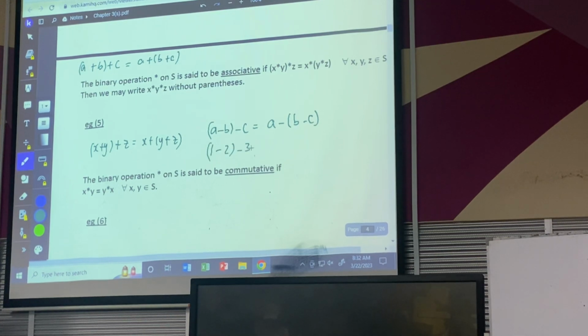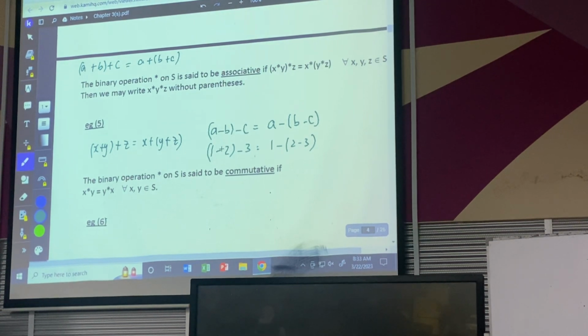Example? Take 1, 2, 3. On the left side, 1 minus 2 is negative 1, minus 3 is negative 4. On the right side, 2 minus 3 is negative 1, and 1 minus negative 1 is 2.